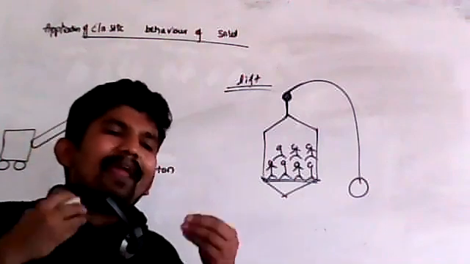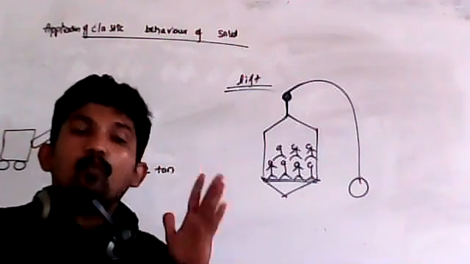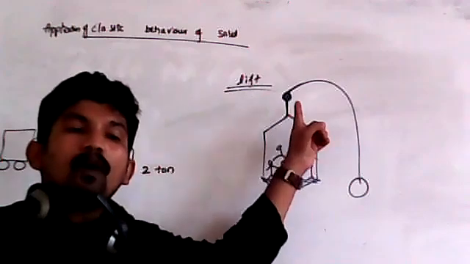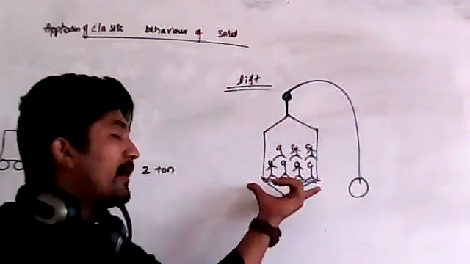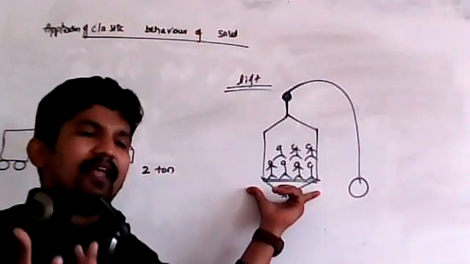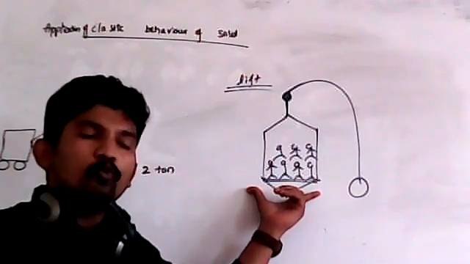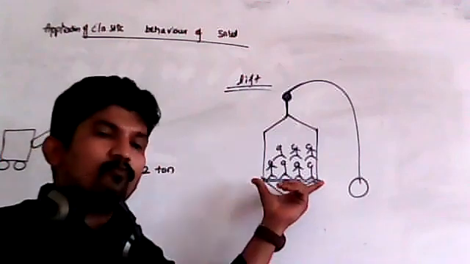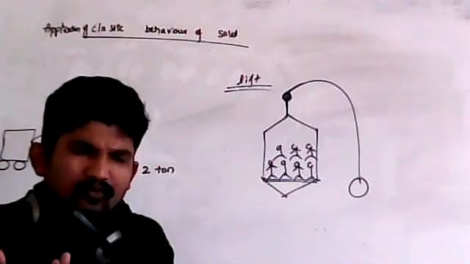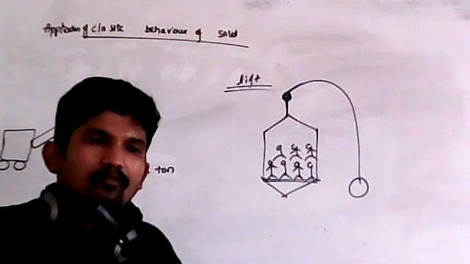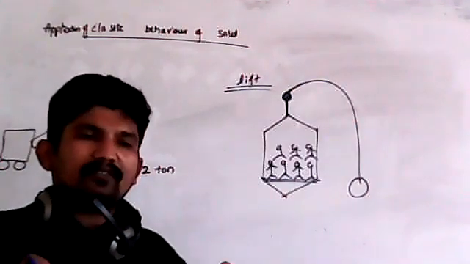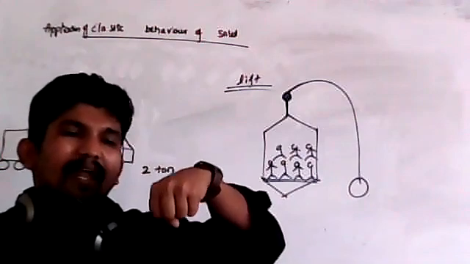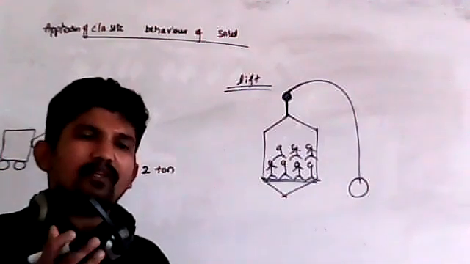But you can enter more than 6 members only when your rope is capable of lifting that much weight, then it is possible. You may ask, sir, why is it only 6? Until now, these ropes are designed only for 6 members. They can carry up to that much weight only, not more than that.